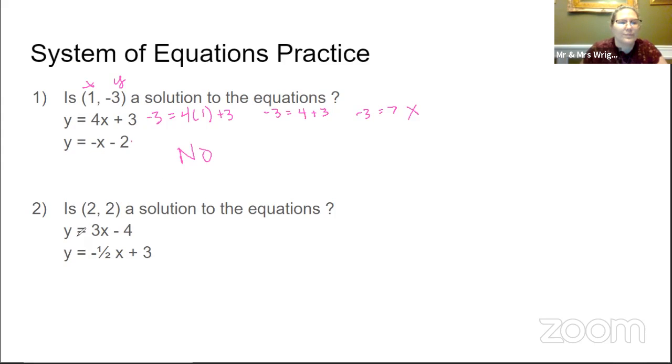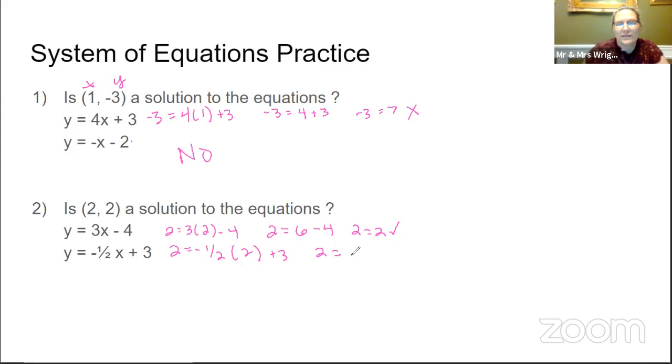All right, so let's look at this one. 2 equals 3 times 2 minus 4. 2 equals 3 times 2 is 6 minus 4. 2 equals 2. So far, we're doing well. 2 equals -1/2 times 2 plus 3. 2 equals, what's -1/2 times 2? Use your calculator. -1/2 times 2.